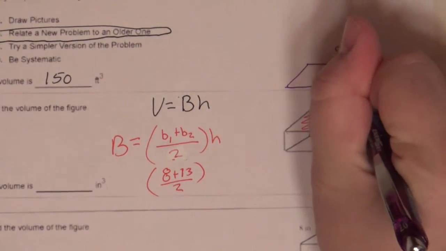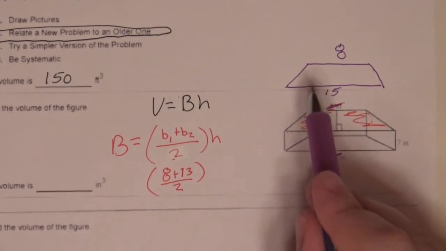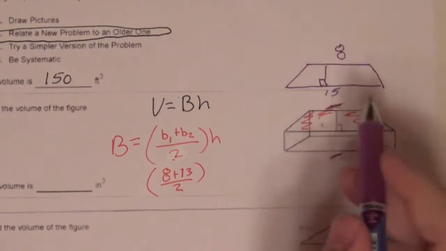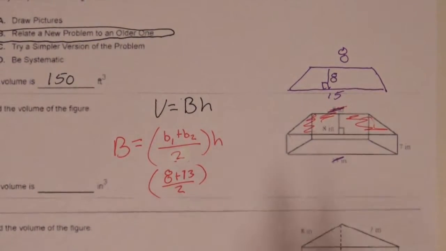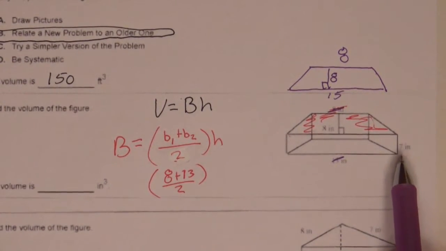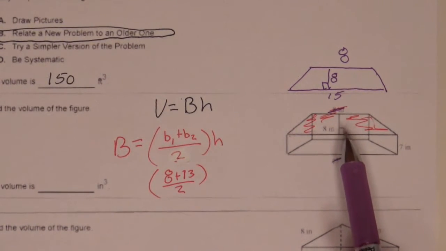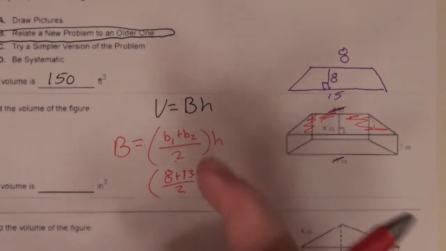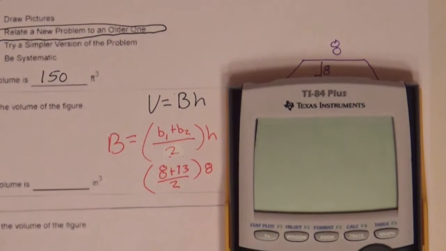You know this side is 8, this side is 15, and since you're looking at the top of this 3D object, your height is really right here, and in this case happens to be 8. So this number, even though it's the actual height of my three-dimensional object, is not the height of my base that I'm trying to calculate. So I'm going to put 8 in our little equation over here. Alright, and now I'm going to plug all this into our calculator.